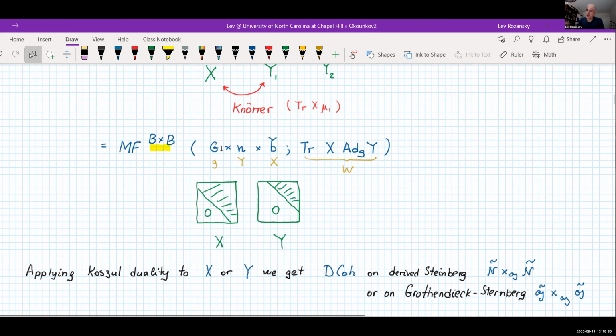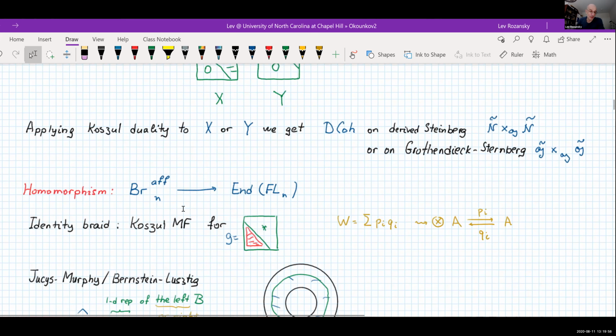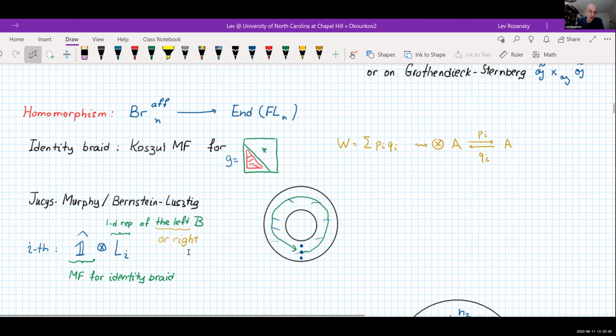You have two Borels acting on the left and on the right. So this Borel makes them equal to each other. So it doesn't matter whether you choose left or right one-dimensional representation of the corresponding Borel. So it's one of these which reflect the action of diagonal element of the Borel subgroup.